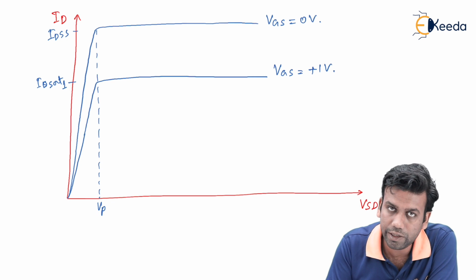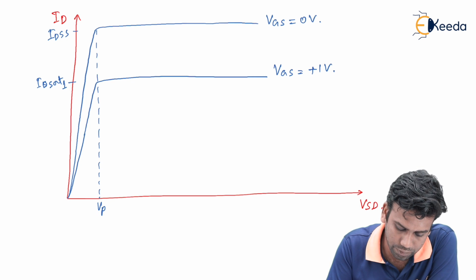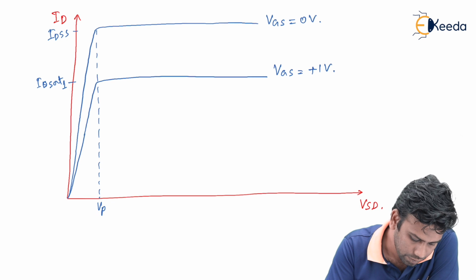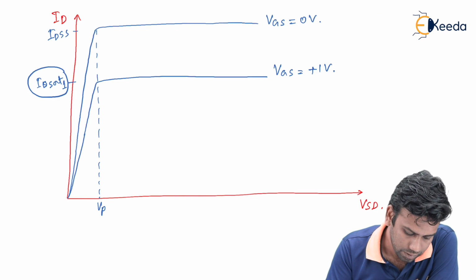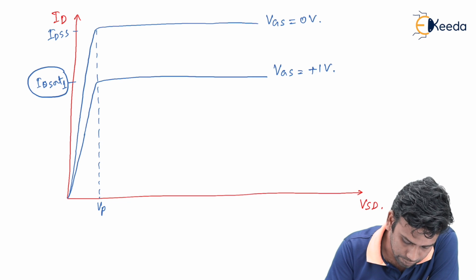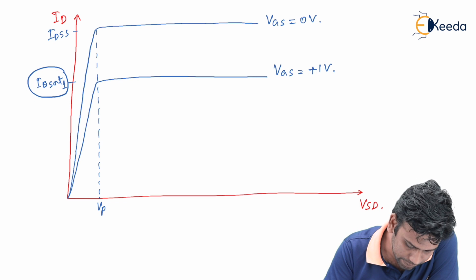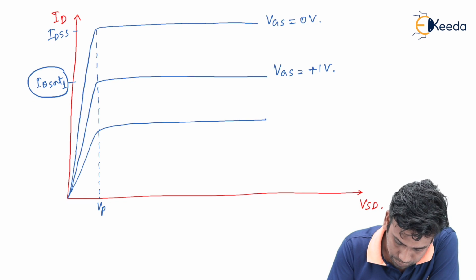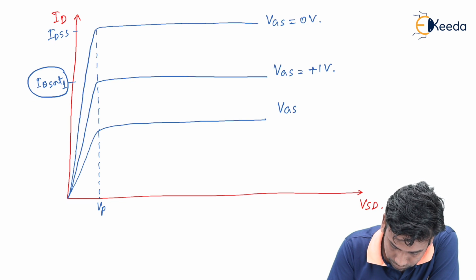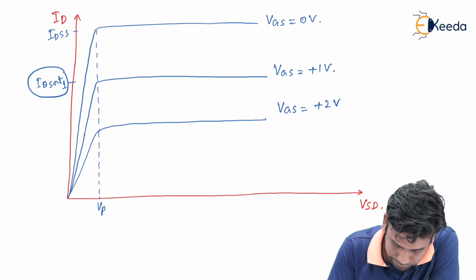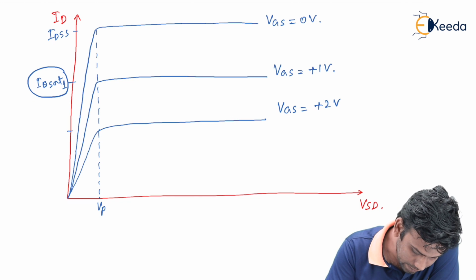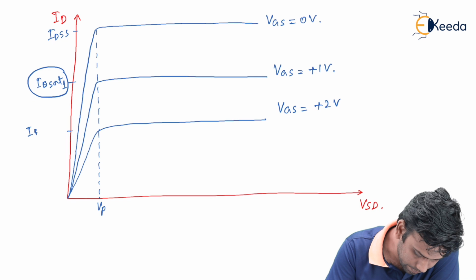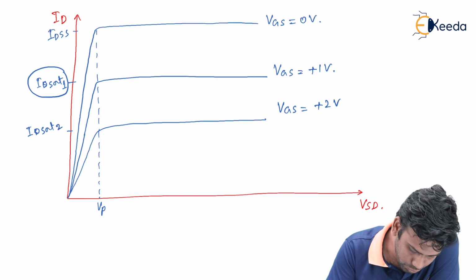Similarly, if we increase the voltage of VGS to plus 2 volt, this ID sat will come in a downward direction, so the ID will be saturated at a lower value of saturation for VGS equals to plus 2 volt, and let us name it as ID sat 2.